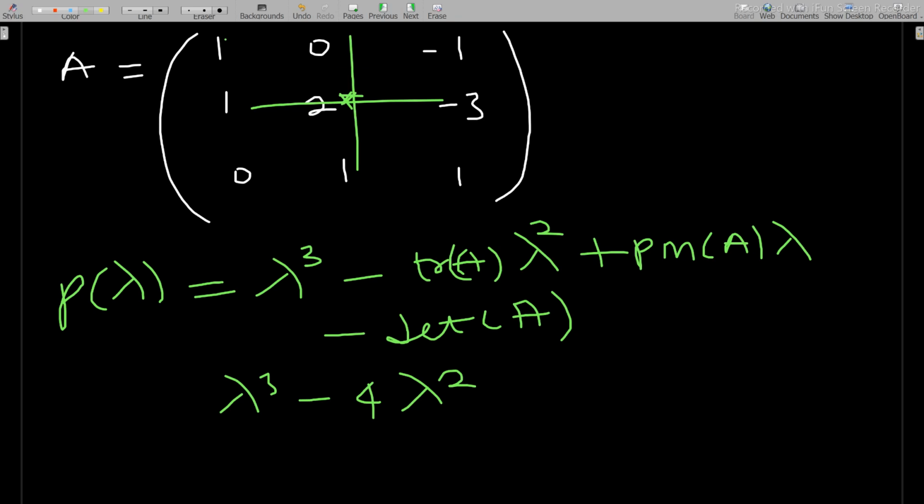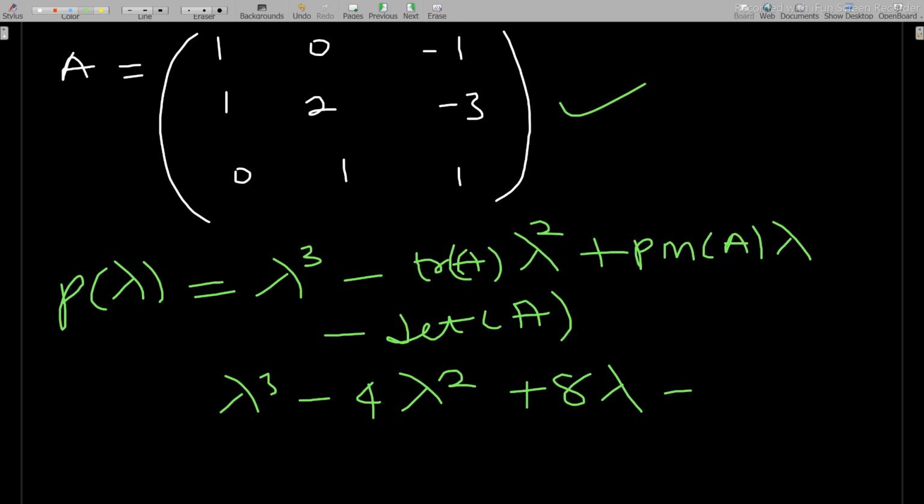Then the last principal minor: 1 times 2, which is 2, minus that, which gives us 8. You sum them all, and you have plus 8 lambda.